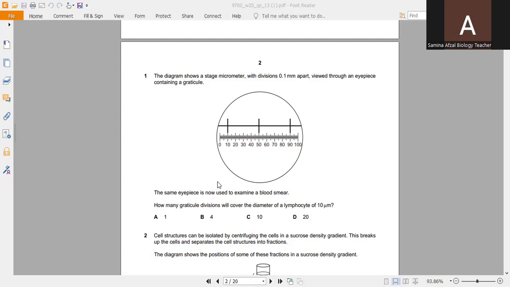How many graticule units will cover the diameter of a lymphocyte of 10 micrometer? Here you can see that the upper one is the stage micrometer, and the lower is the eyepiece graticule.